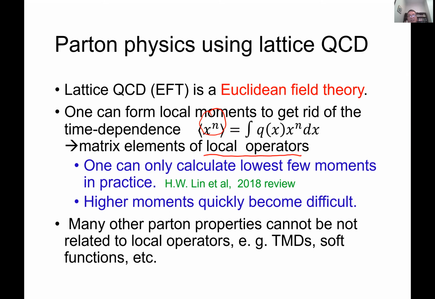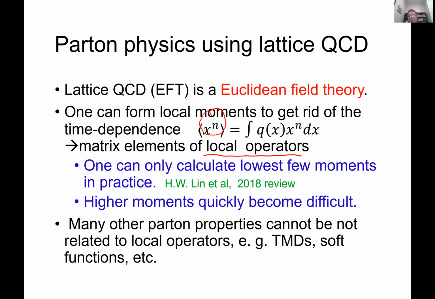So these local moments with no memory of time can be simulated on the Euclidean field theory. However, the approach is only limited to the lowest few moments in practice. So far, people have been doing 1, 2, and 3 gets difficult.